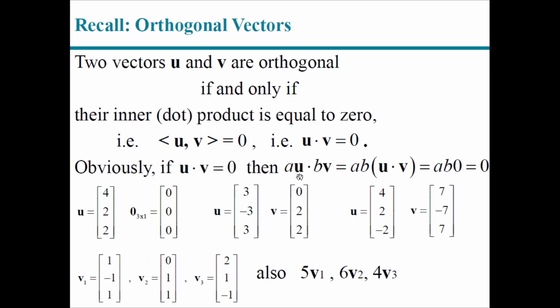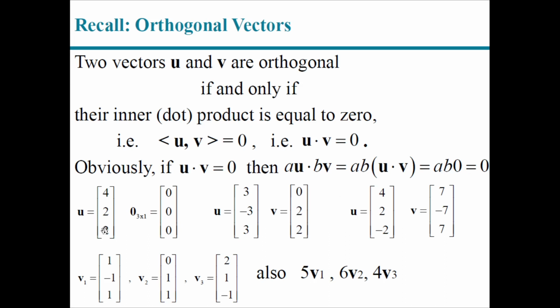So a times u dot b times v, obviously the dot product will be 0 because u and v are orthogonal already. So any scalar multiple of orthogonal vectors will still be orthogonal vectors. That's something that will be useful in this Gram-Schmidt process eventually.